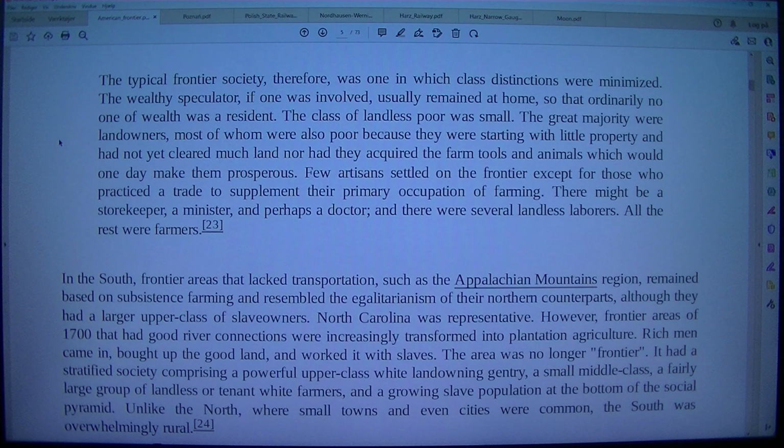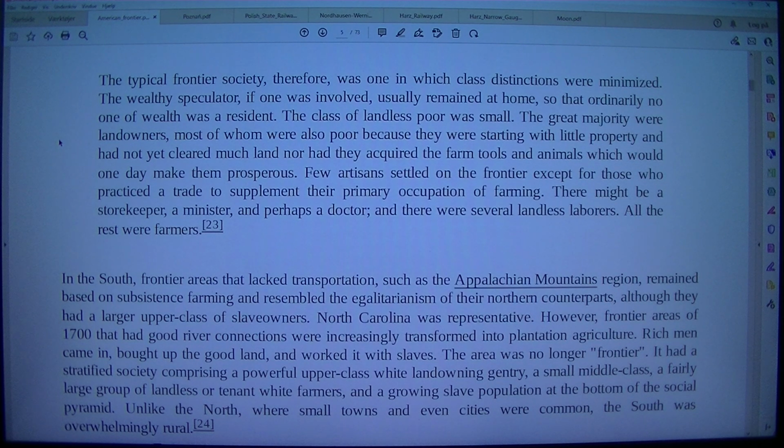Few artisans settled on the frontier except for those who practiced a trade to supplement their primary occupation of farming. There might be a storekeeper, a minister, and perhaps a doctor, and there were several landless laborers. All the rest were farmers.